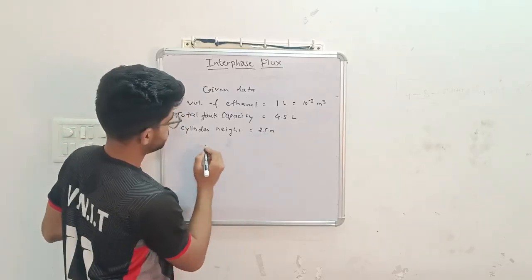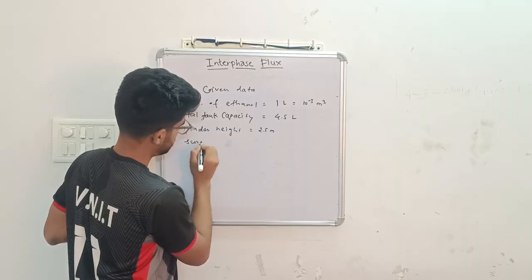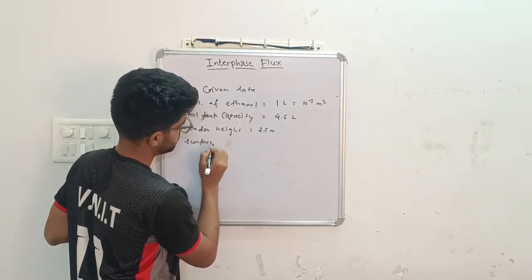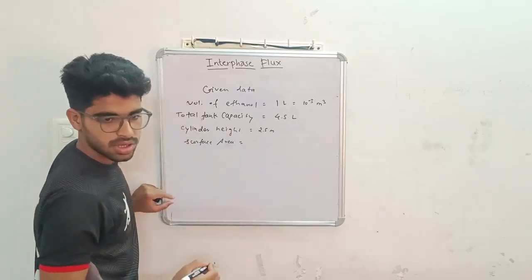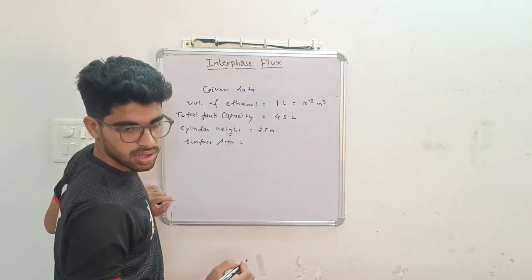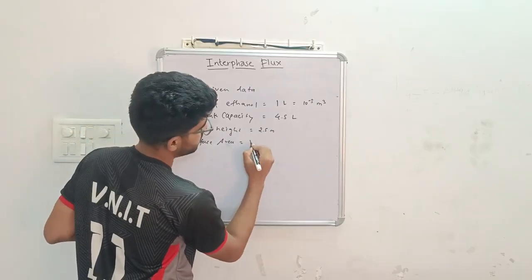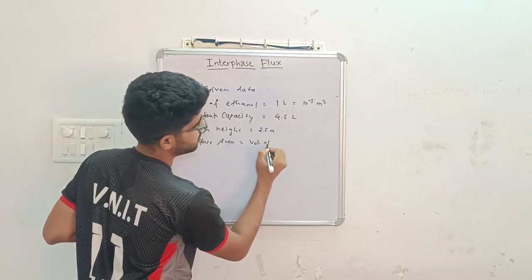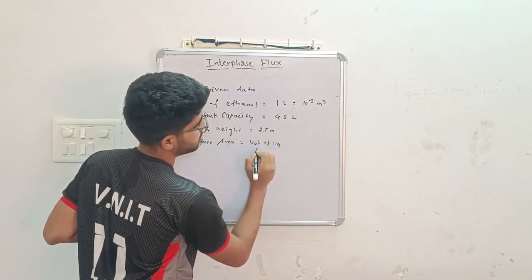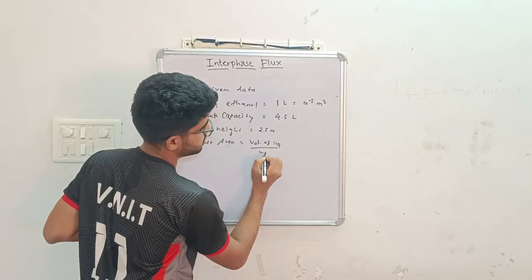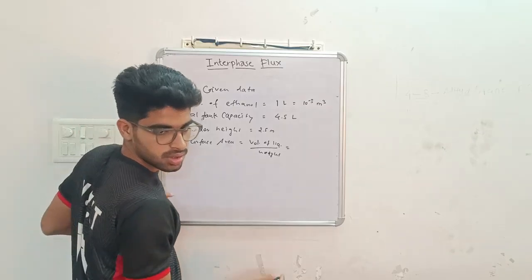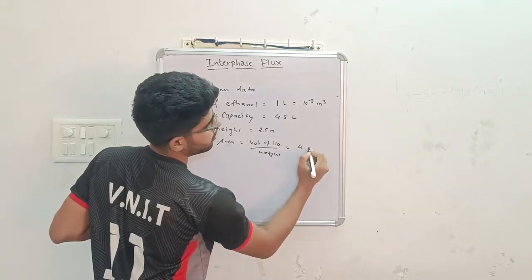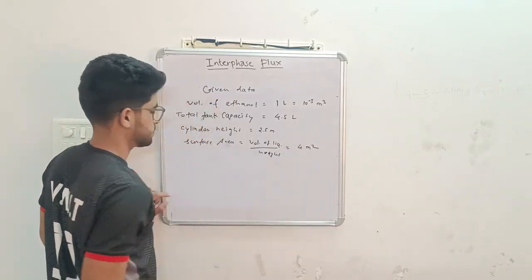Surface area will be volume of liquid upon height, which is equal to 4 into 10 to the power minus 4 meter square.